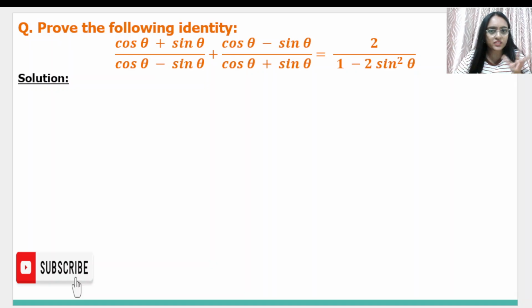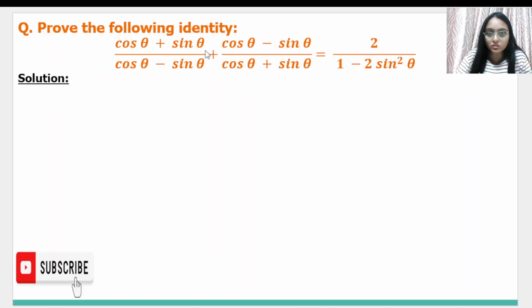Let's see what is there in the left hand side. If you see closely, here you have cos theta plus sin theta, cos theta minus sin theta, cos theta minus sin theta, and cos theta plus sin theta. So if you see these two are same, these two are same. Whenever you have such things, we always do cross multiplication.